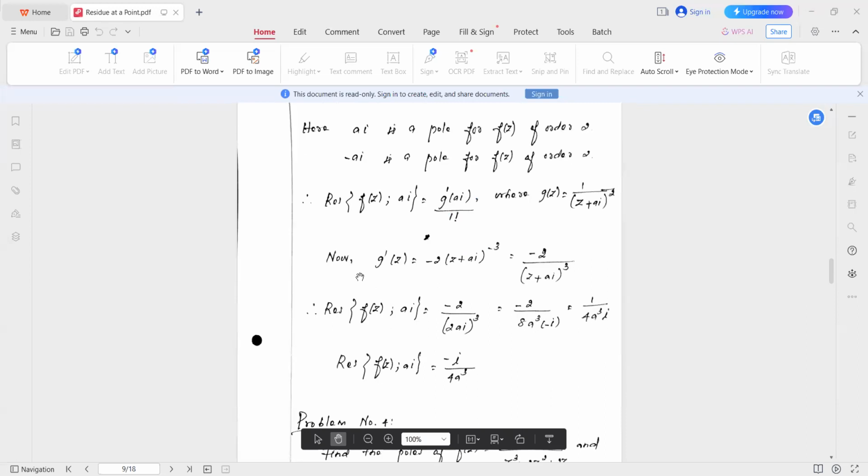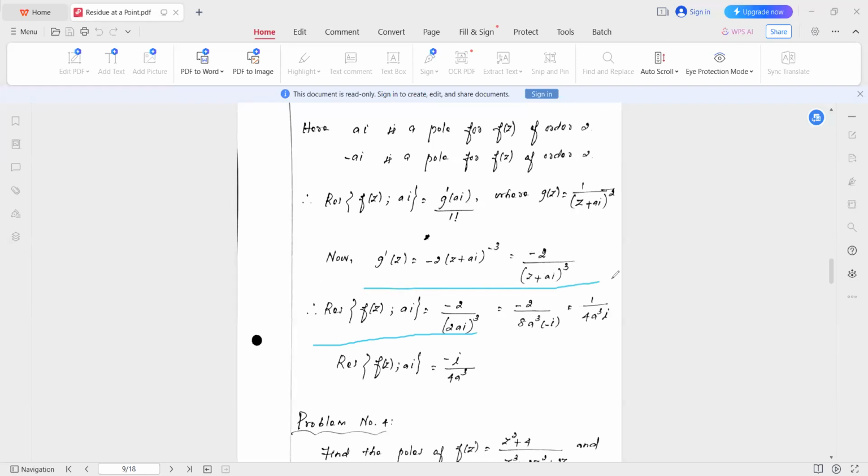Therefore, the residue of f of z at the point ai is equal to g dash of ai, which is equal to minus 2 by (z plus ai) cubed, where we apply the value ai in the place of z.